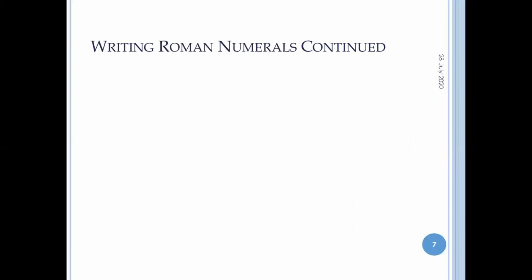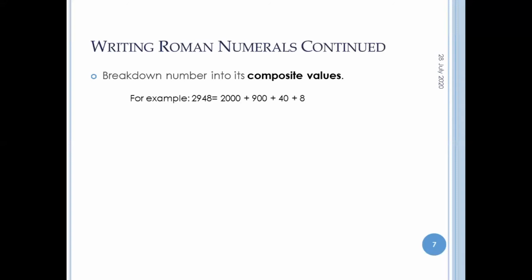In case we want to rewrite the number 2948, we need to break down that number into its composite values. That means 2948 will be rewritten with knowledge of place values, of course, as 2000 plus 900 plus 40 plus 8. But none of these values can be written using the basic Roman numerals.